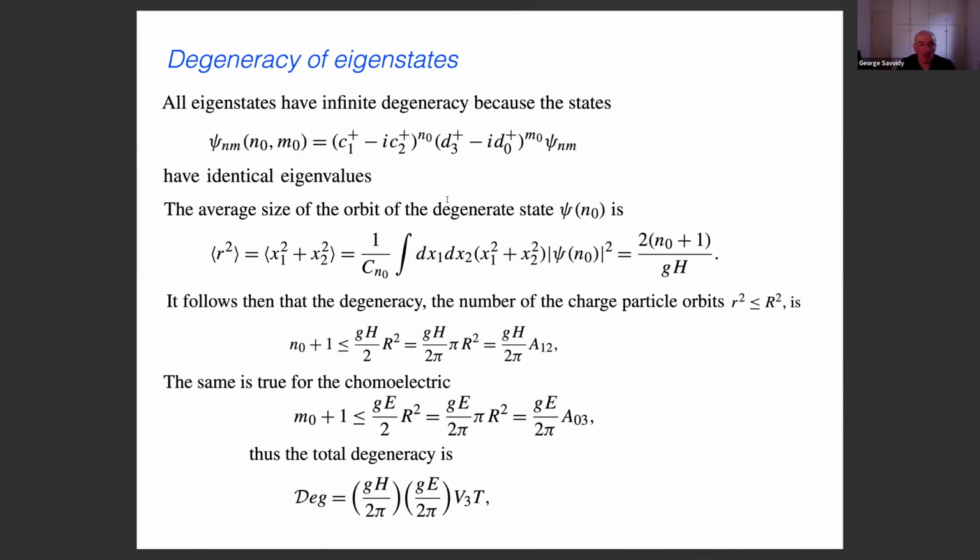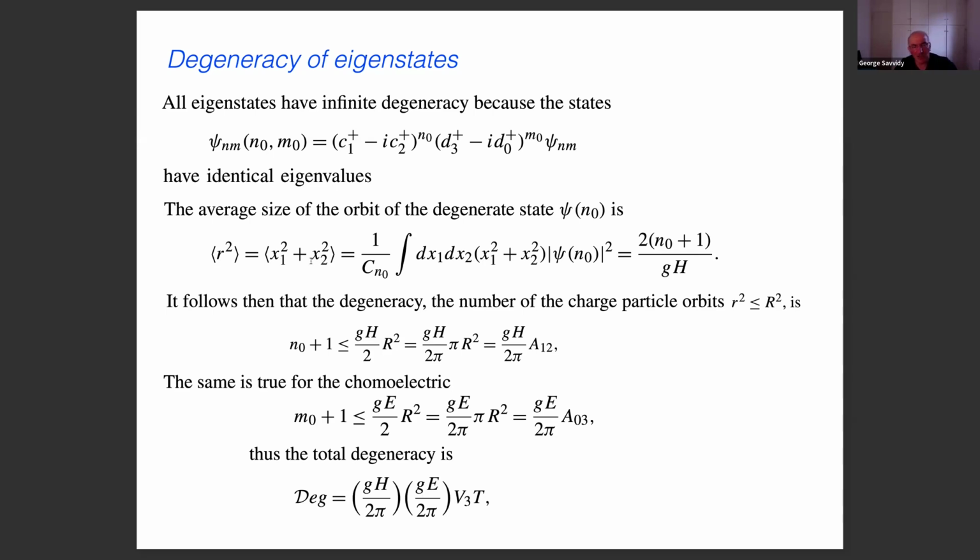So it is important to calculate the degeneracy. How can you do it? Let's see, because the charged particles are rotating around the magnetic field, one can calculate the size of the orbit. So r squared is the average of x1 squared plus x2 squared.